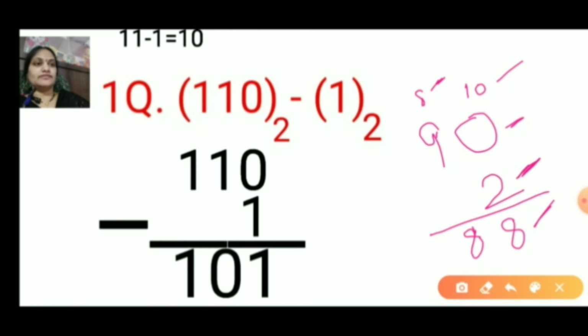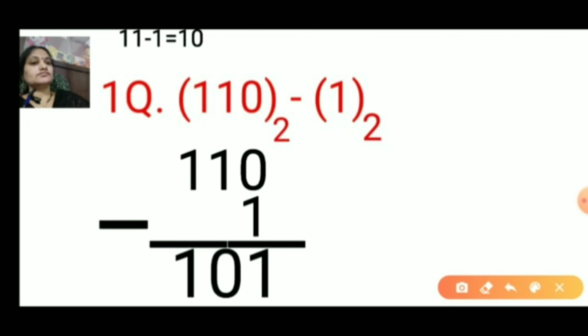So, keep these rules and apply these rules in case of binary number system. Now, write these two numbers like this. Now, we have to subtract 1 from 0. But here 0 is less than 1. Then what do you have to do?